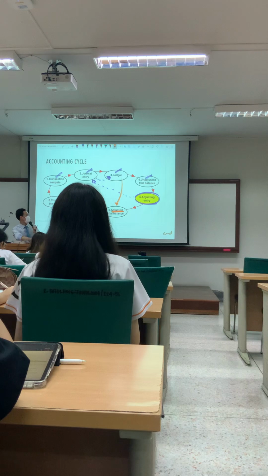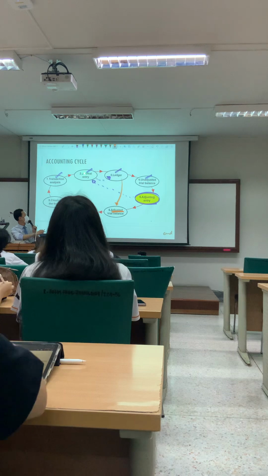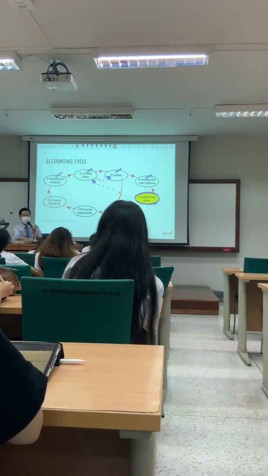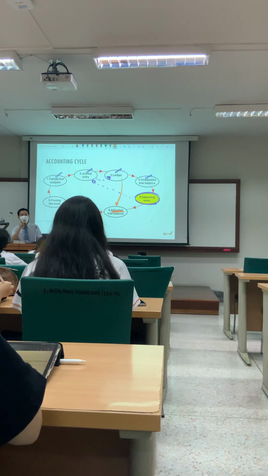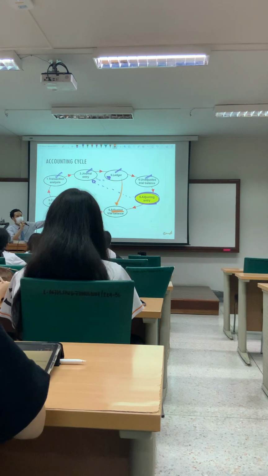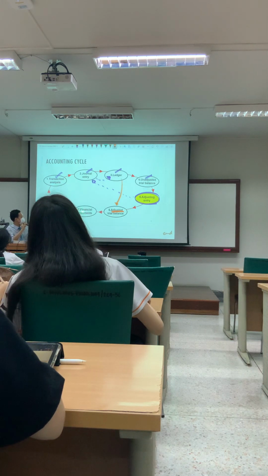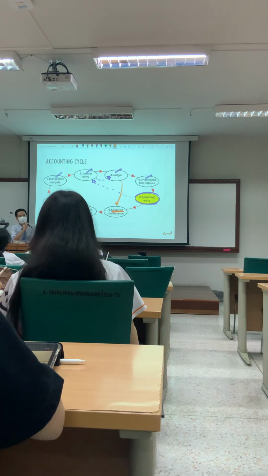But step number 4 here is unadjusted because you haven't recorded any adjusting entry yet. But once you record onto the journal and post to ledgers, which is calculating the new ending balance, then you have the adjusted trial balance. And after that, you're going to have the financial statement and so on.